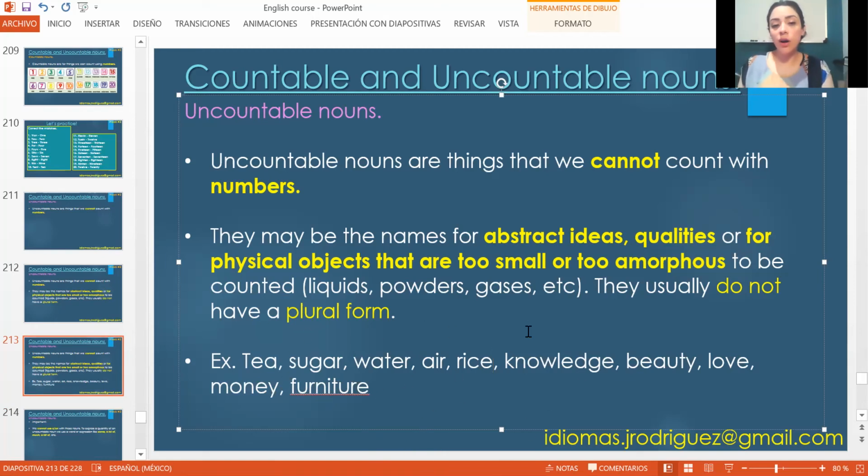Some of them are liquid, some of them are gases, some of them are abstract ideas like knowledge or beauty, feelings like love, objects that are too small or too amorphous to be counted like sugar or water or air, rice, okay?